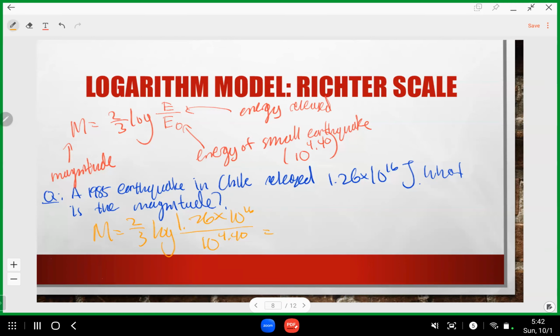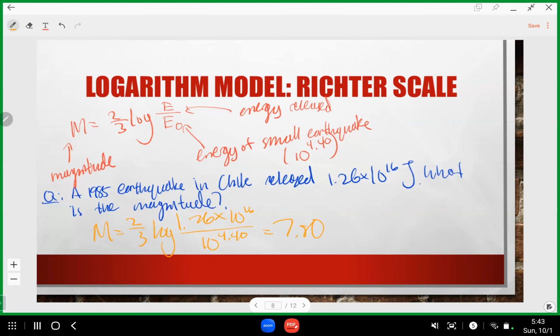And that is over 10 to the 4.4. So everybody try to put it into your calculator. See if you can actually get this answer. So the answer should be 7.80. All right, so let's see if you got the same answer. 7.80. So if everybody got the same answer, that's very good.